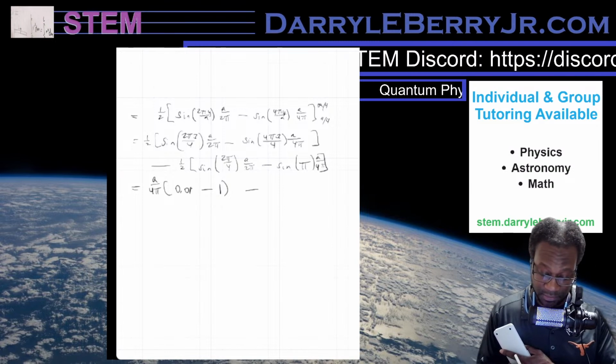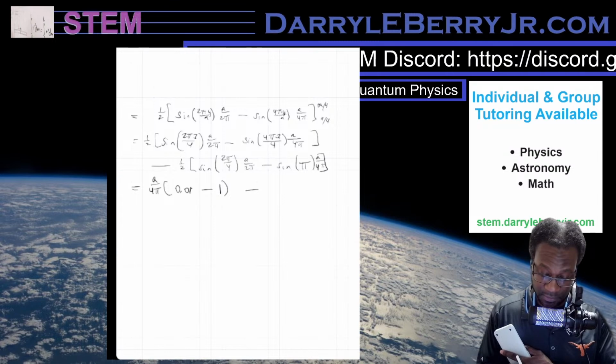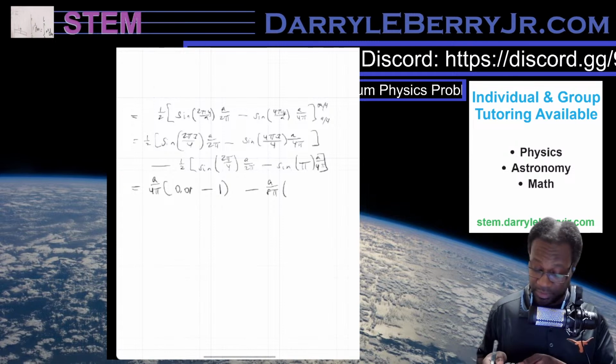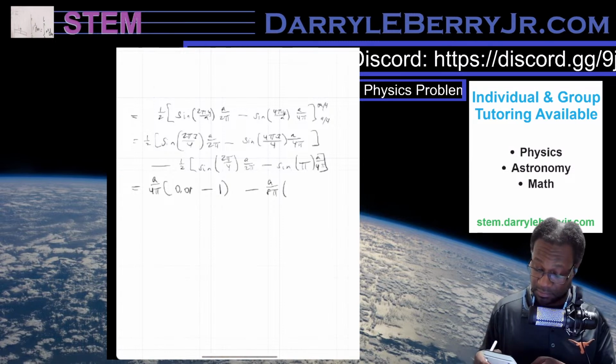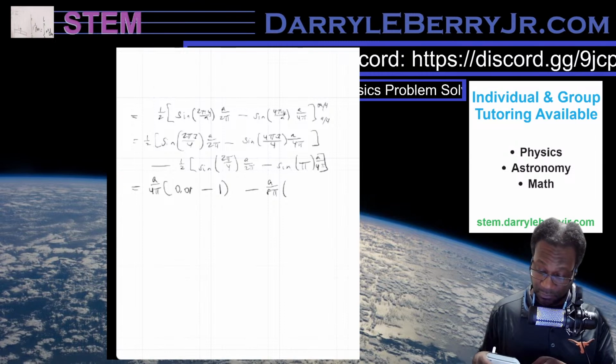Minus a over 8 pi. And we have sine 3 pi.